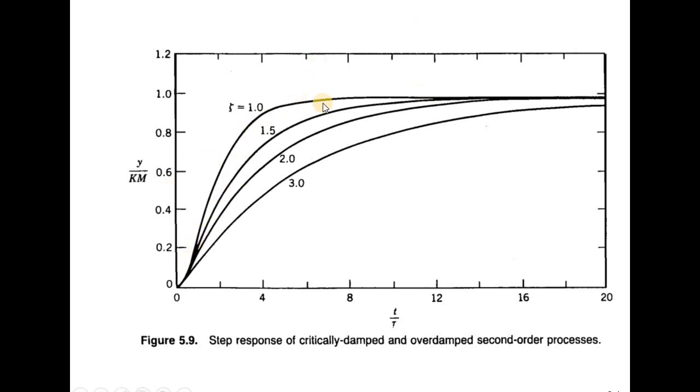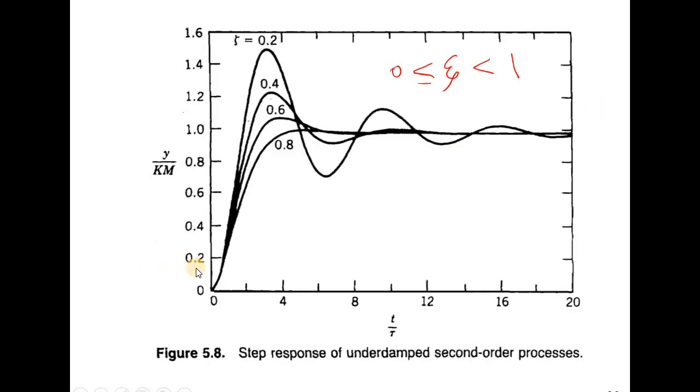we can see that our system is critically damped, and the higher you go than 1, you will have it overdamped, and overdamped is like a very slow process. It is a slow process, but it will never oscillate. But here it is a fast process, but it overshoots the steady state value that it is going to.